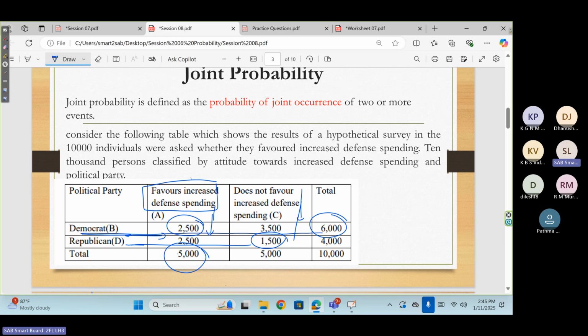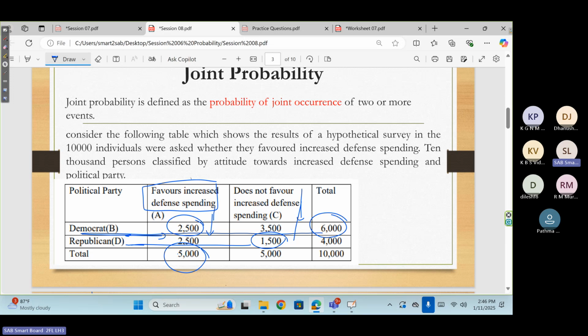It's clear? Okay, these are the two different approaches, joint probability and marginal probability. If we need to find the joint occurrence, we use the joint probability concept. If we need to find the probability of a single specific characteristic, we use marginal probability. It's clear?